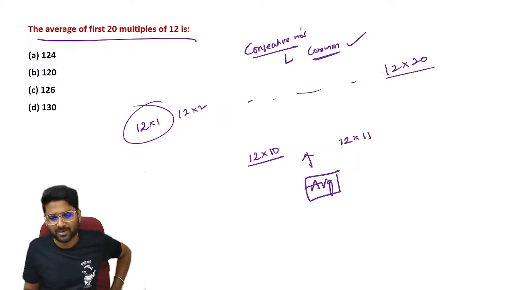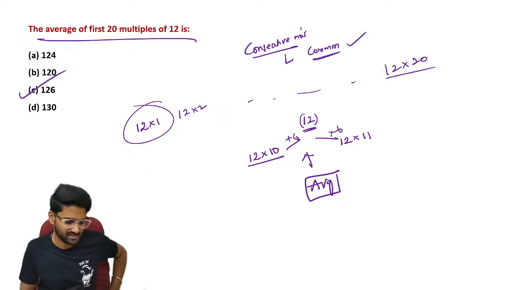From here to here, it's a difference of 12 units, right? So here the exact middle number is 126, because from here to here is 6, from here to here is 6.